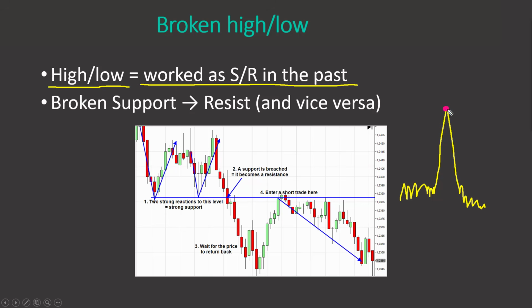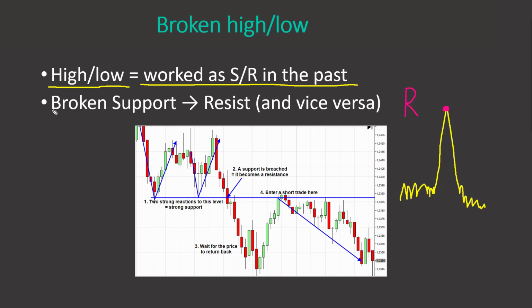This point, this is where the price turned aggressively. This is a swing point. This is a significant high. So when you look at the chart and see this, you can tell that this was a strong resistance, right? Because the price bounced off that area very strongly.